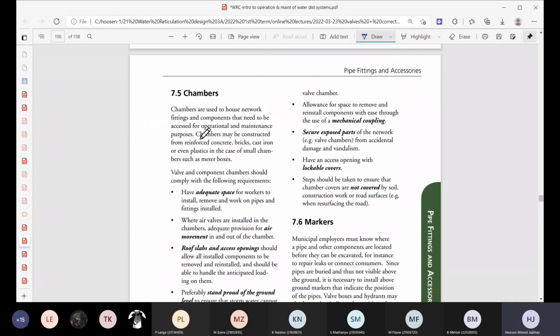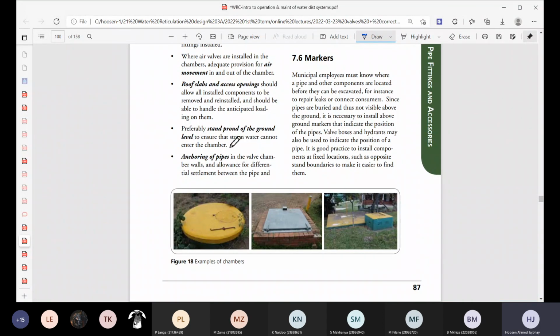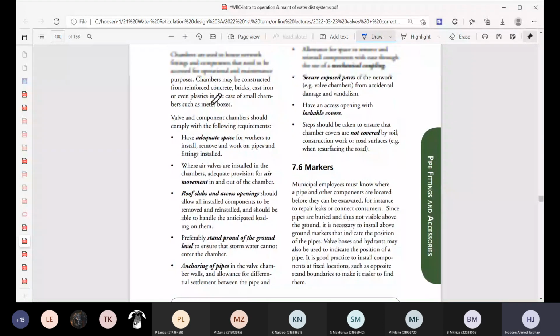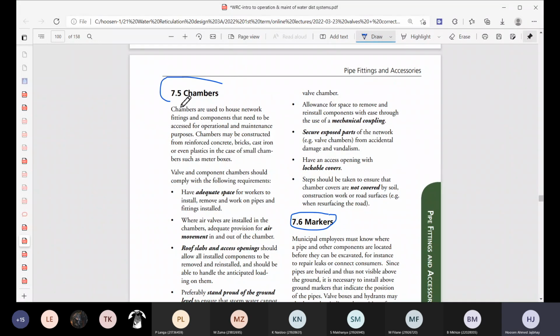The section on chambers and markers, I'm not going to cover that. These are just to help on the ground to identify your pipes. That's where markers come in. Chambers are used to house our valves and fittings, special fittings and valves. Some valves can go directly into the ground.